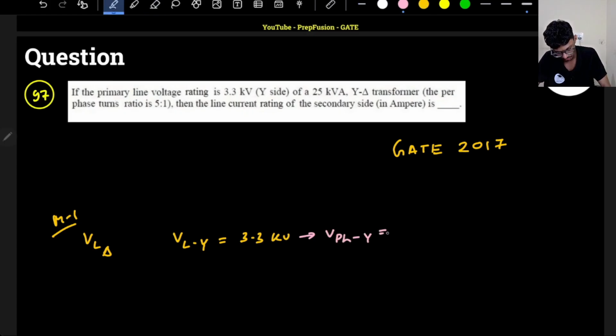It will be 3.3 kilovolt divided by root 3.